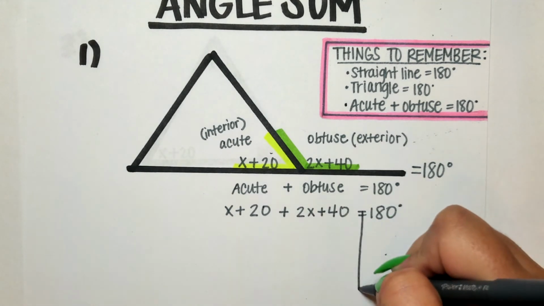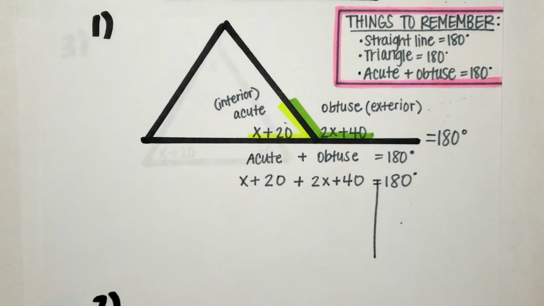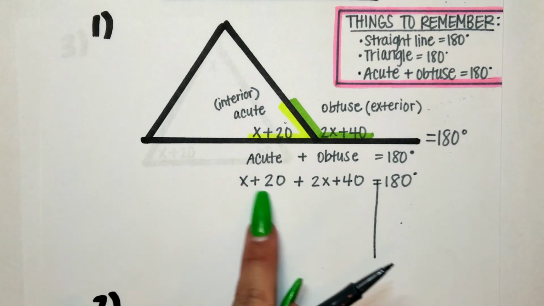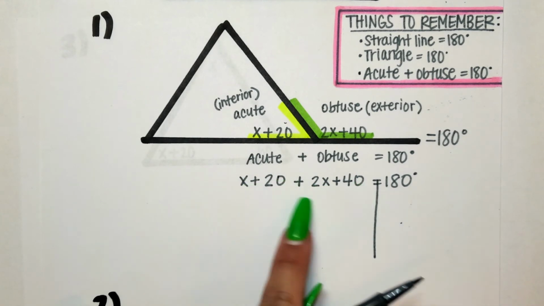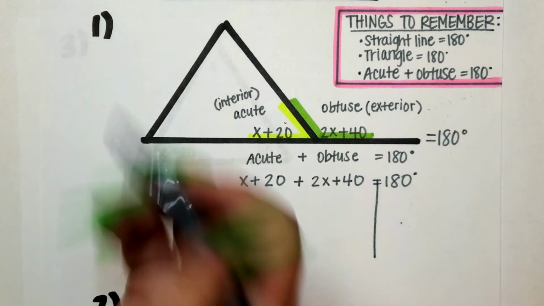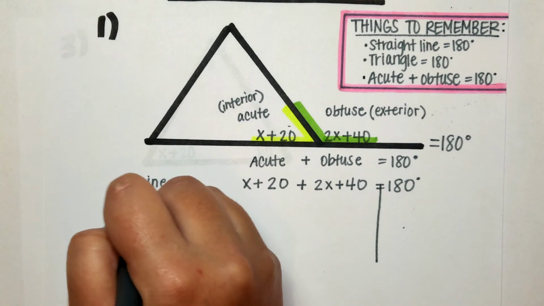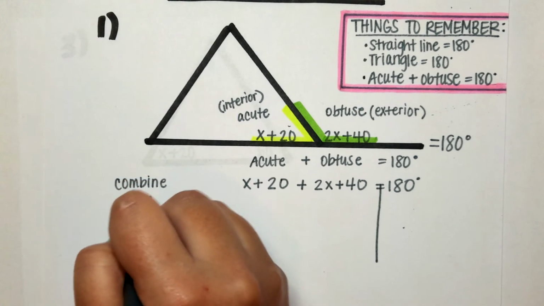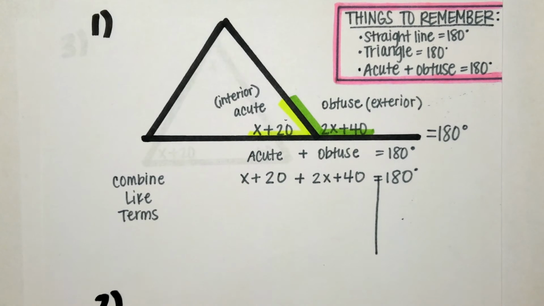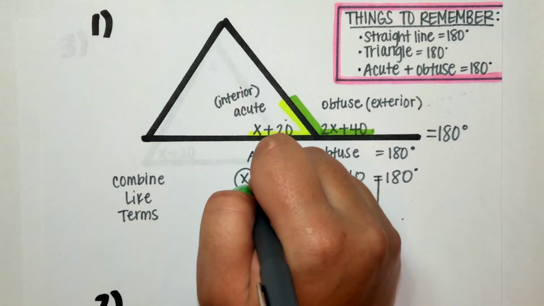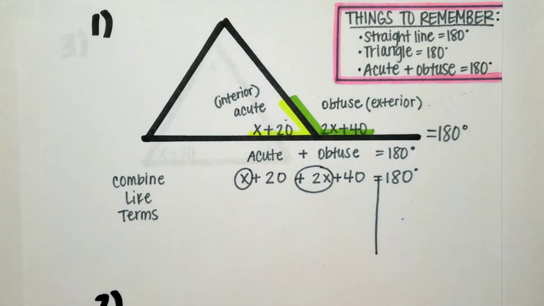So now it's just like solving like we did in the video and examples yesterday. So since I have multiple variables on one side and numbers that do not have variables, I need to combine like terms. So I need to combine the ones that look the same. So I have an x and a positive 2x.